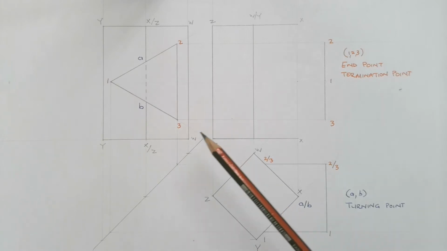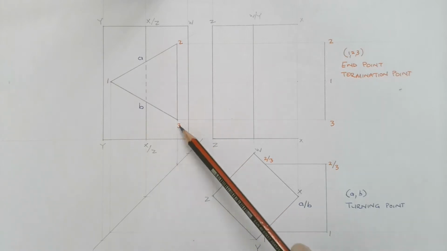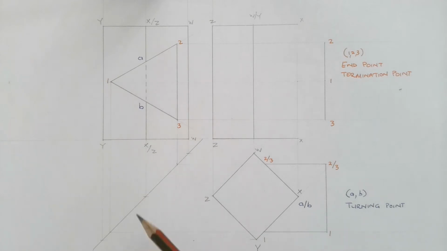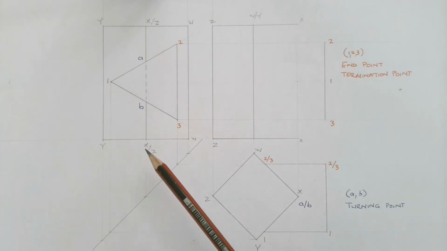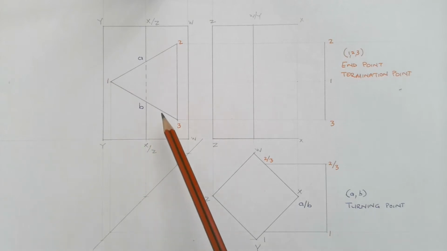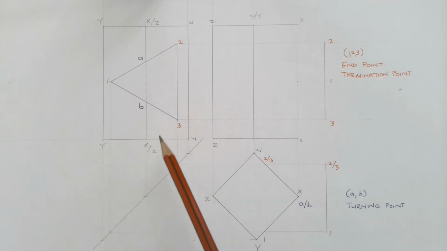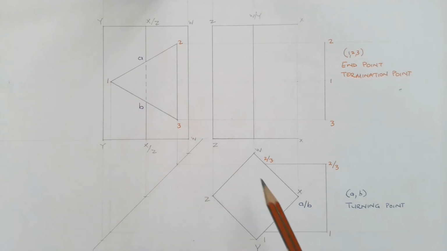Now, why is it that I need to have that view? The points which I'm going to talk about are easily seen on this view which we have obtained. They are not easily seen on the top view, neither on the front view.